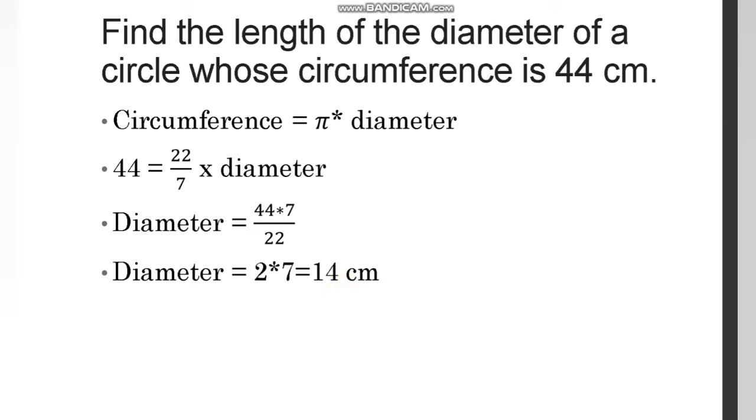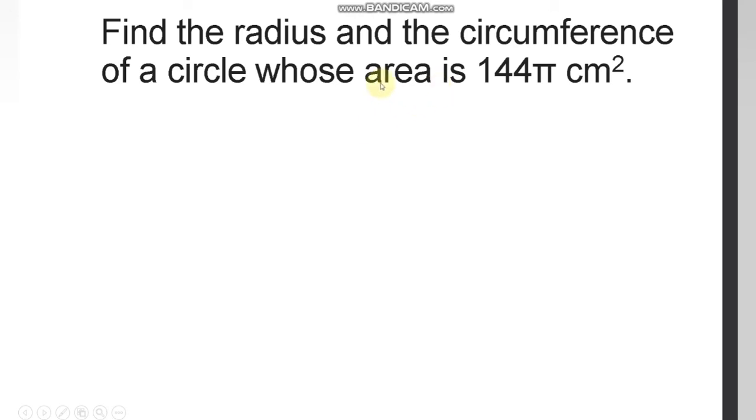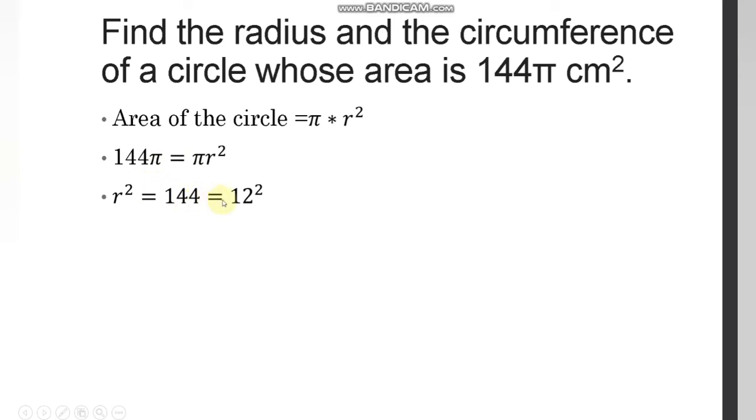Let's move on to next question. Here find the radius and circumference of a circle whose area is given 144 pi centimeter square. We know that area formula is pi into r square. So in place of area I will write 144 pi. So here I will get 144 pi equals pi r square. Pi cancels out, I will get r square is equal to 144, or 144 can be written as 12 square.